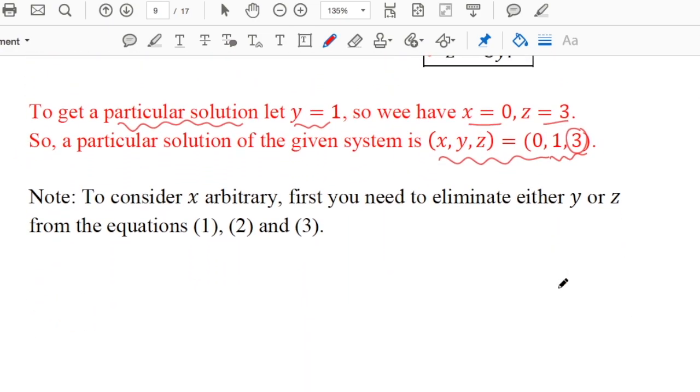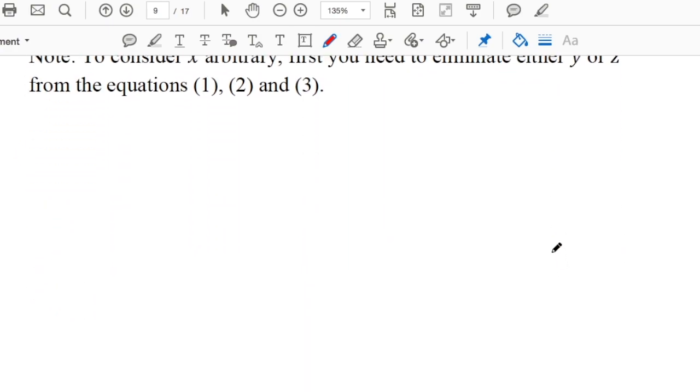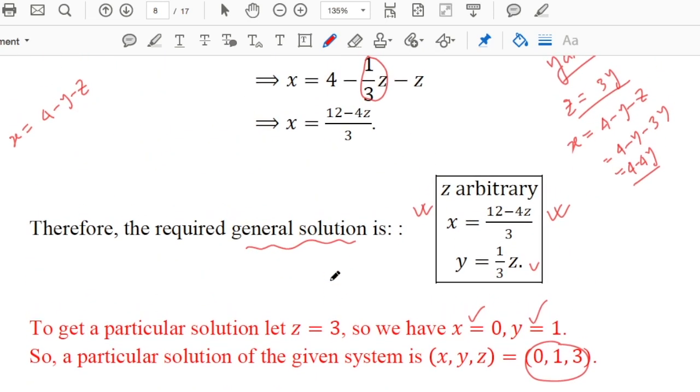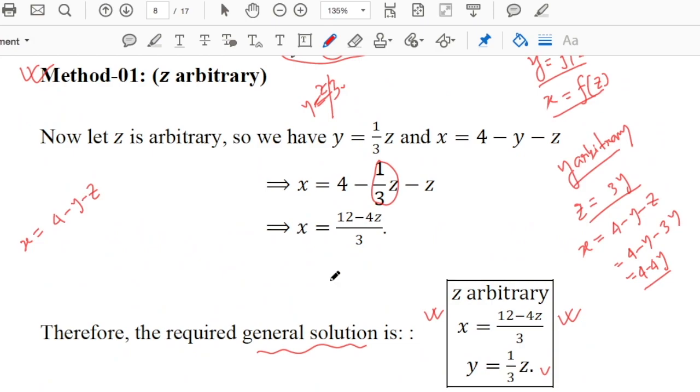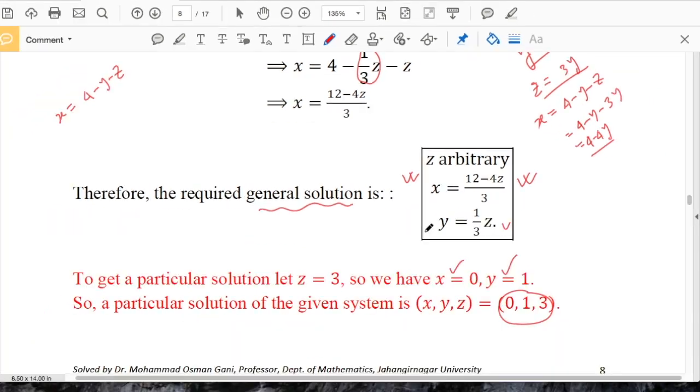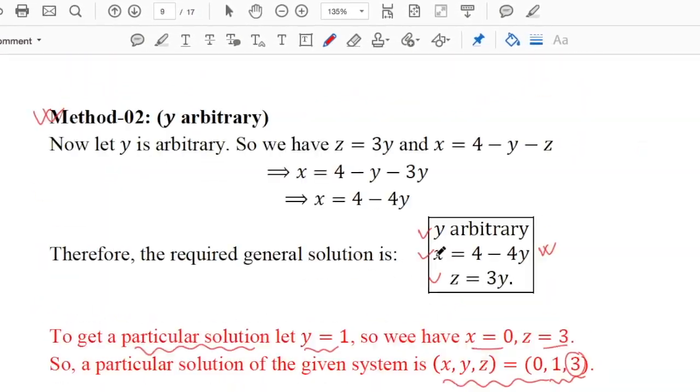Therefore, the two general solutions are the same solution, but during the exam you will write only one of them. If your question tells you to find two or three particular solutions, you can calculate them by considering z equal to, for example, 0, 1, 2, then you will get the corresponding three values for x and three values for y. This is how you can calculate three particular solutions.